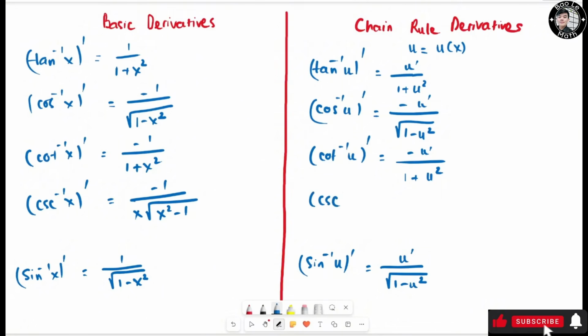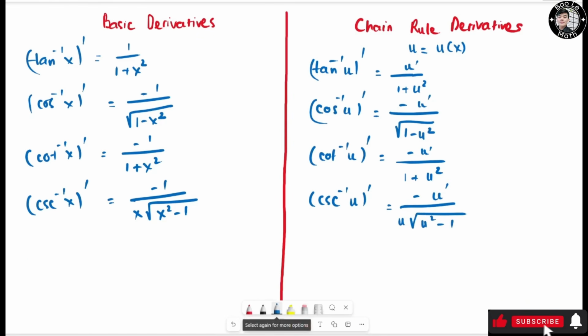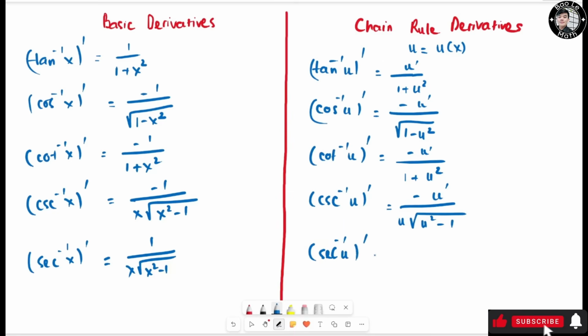The derivative of inverse cosecant u is negative u prime over u times the square root of u squared minus 1. The derivative of inverse secant s is 1 over s times the square root of s squared minus 1. The derivative of inverse secant u is u prime over u times the square root of u squared minus 1.